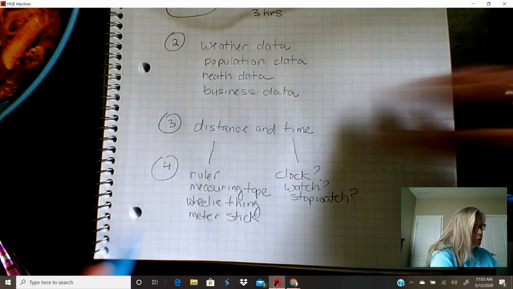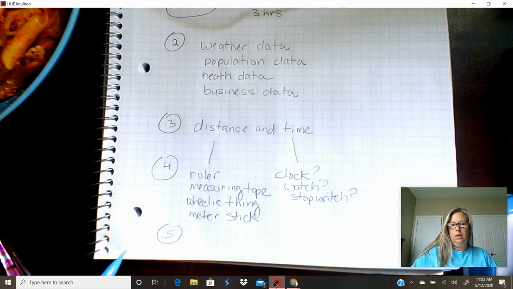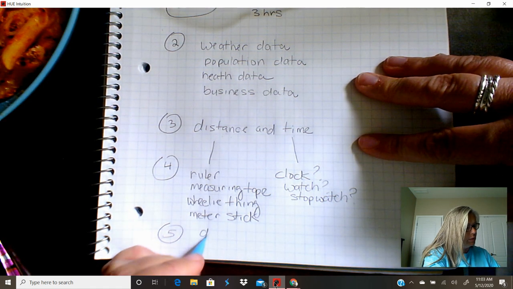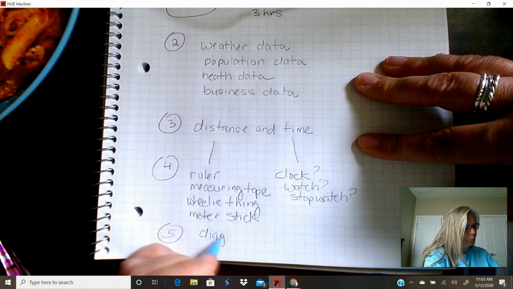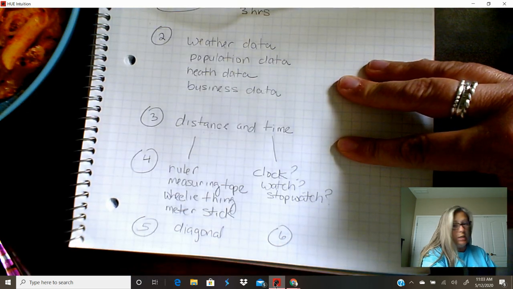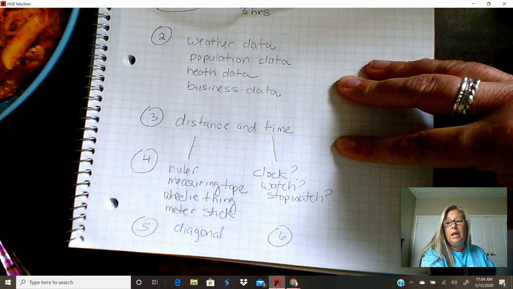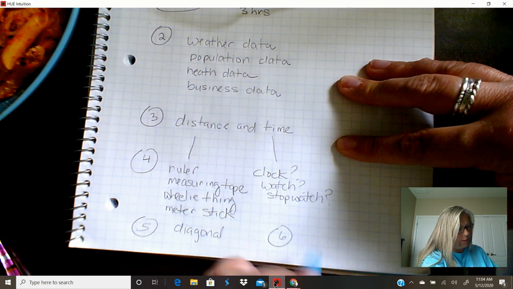For the next question, which was question 5, what was that already? Oh, diagonal, right? That means the line was diagonal. And for number 6, many of you said that the speed changes when it's a diagonal. A diagonal means constant, and constant means stays the same.